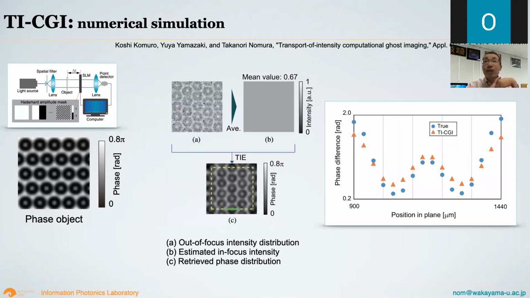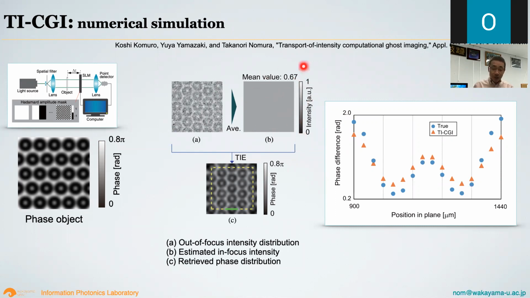This is a numerical simulation. This is a phase object like this one, a micro dot lens simulated. This is a defocus image using TI-CGI, with this optical setup assumed. The mean value is 0.67. This is the virtual in-focus intensity distribution.